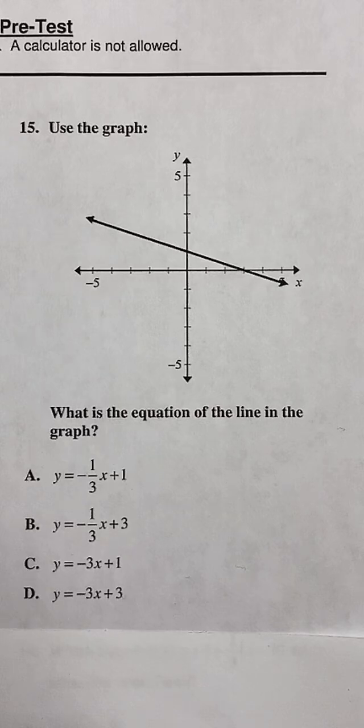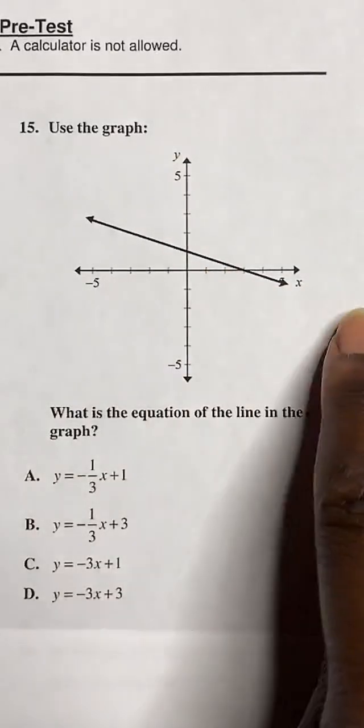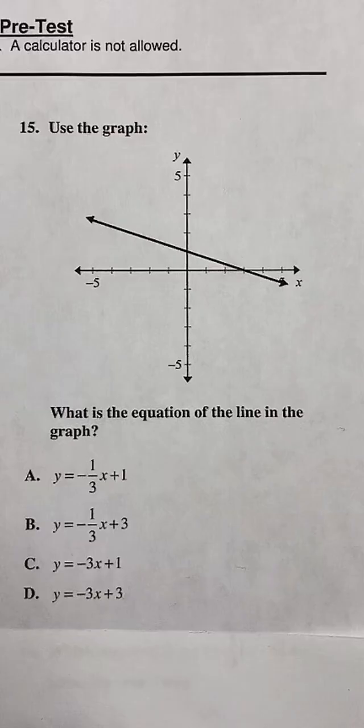Michael's saying B. How much is it going across? Both axes are counting by ones. Okay, you're struggling? I got you.